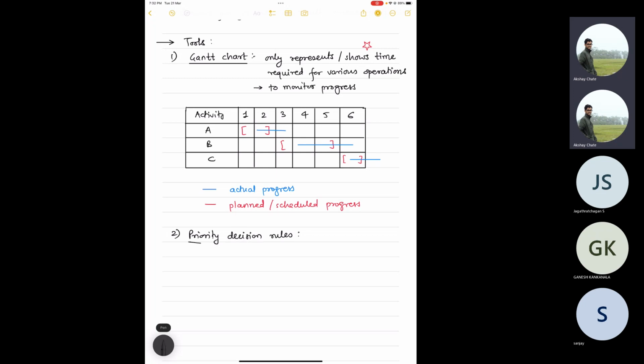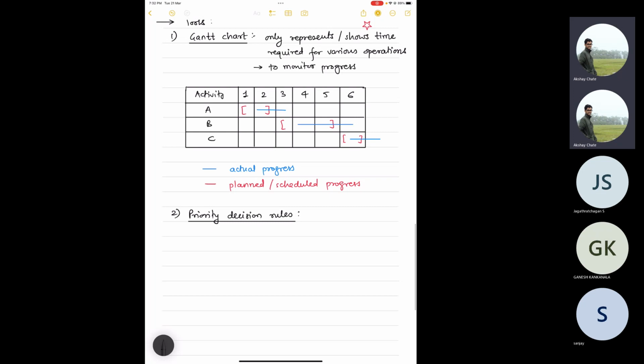Other than doing all theory, if we have some examples, that will be better, right? So this has, let's say, first come first served, which is FCFS.